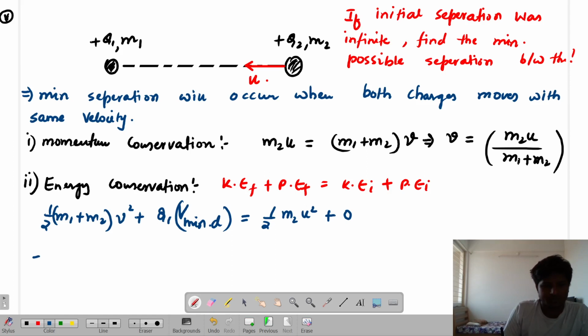So the equation is simple. I'll write k q1 q2 divided by the distance r minimum.